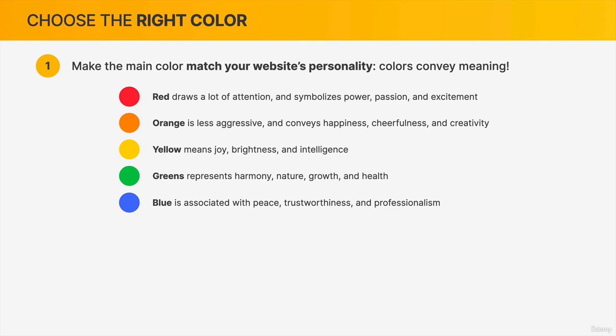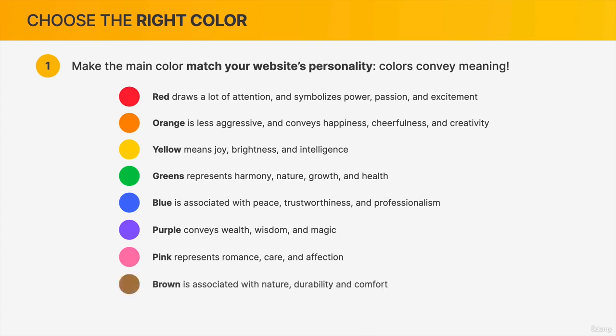And so these are attributes that websites many times want to convey, and so they then use this color because, well, it works. But anyway, we then have purple, which conveys wealth, wisdom, and also magic, in case you're looking for that. Then pink does represent romance, care, and affection, which comes to us, I think, quite naturally, the meaning of this color.